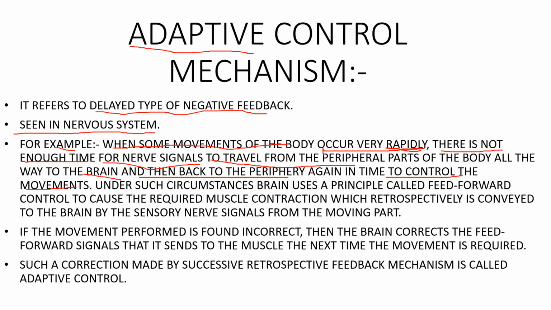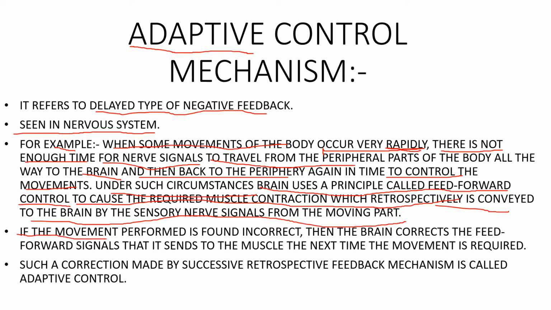So what happens under these circumstances? The brain uses a principle called feed forward control to cause the required muscle contraction, which retrospectively is conveyed to the brain by the sensory nerve signals from the moving part.